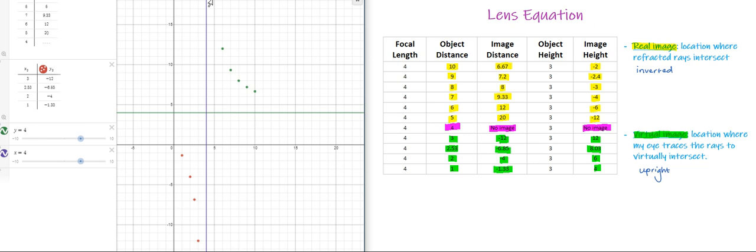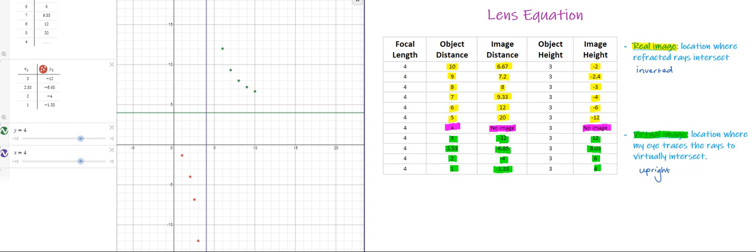I can have an input value of 4, the object distance, but I'll have no image value for the image because it is on the focal point and the rays will never intersect. So it's kind of cool how the math term for an asymptote, where the value doesn't exist on that line, has the same idea in this case over here.